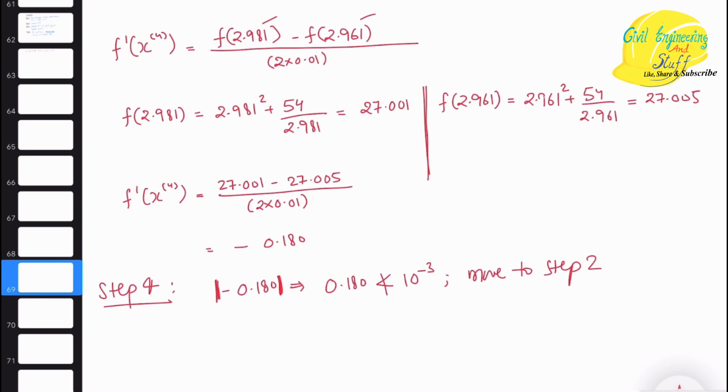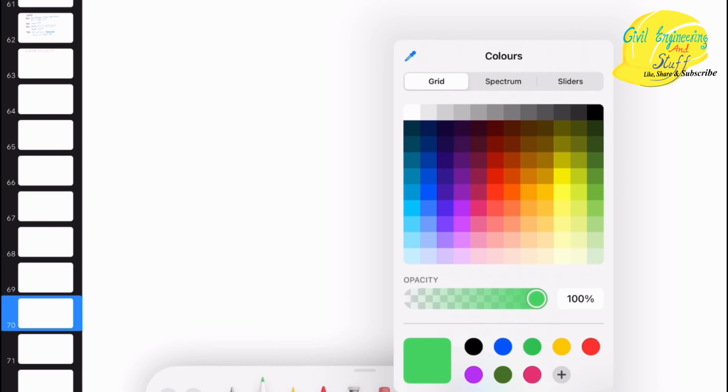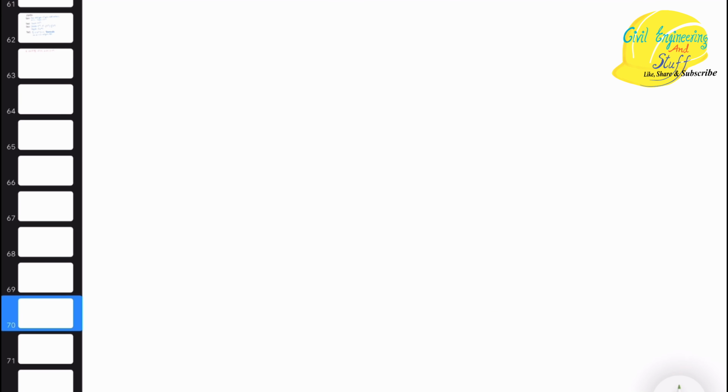So we'll move on to iteration number 4 and we'll repeat step 2.